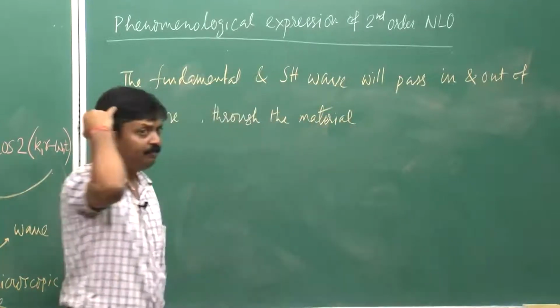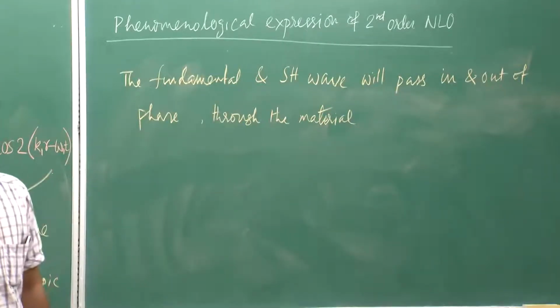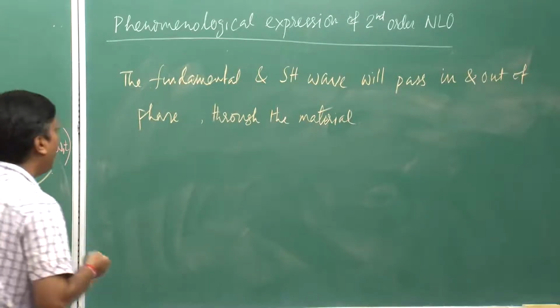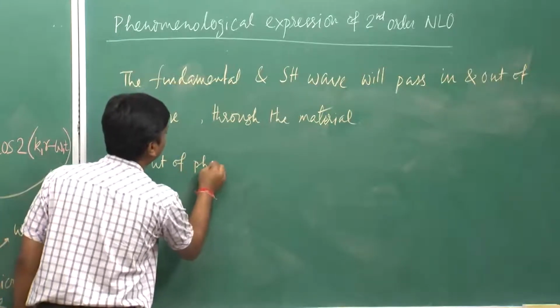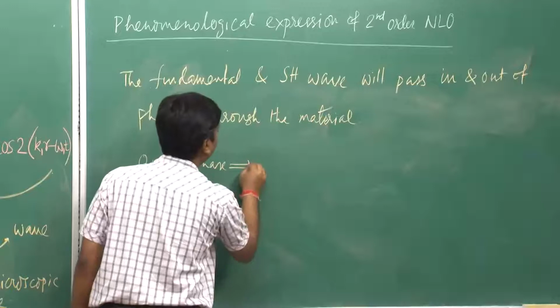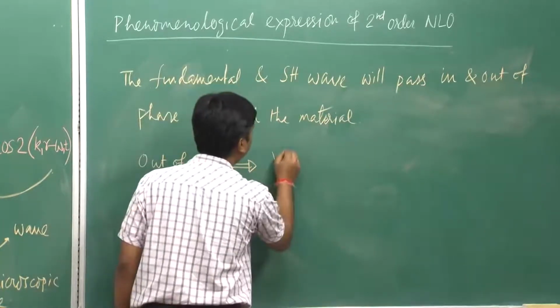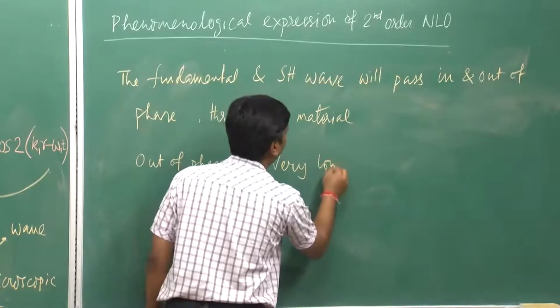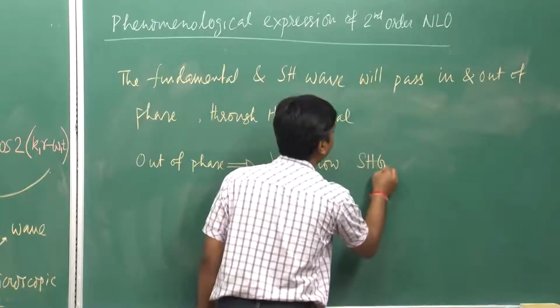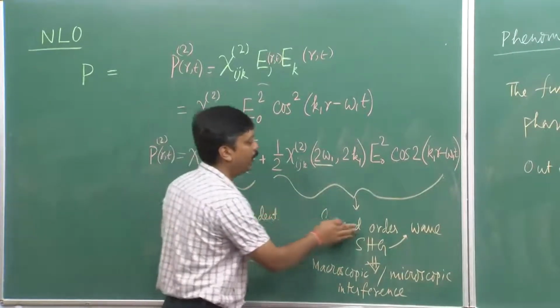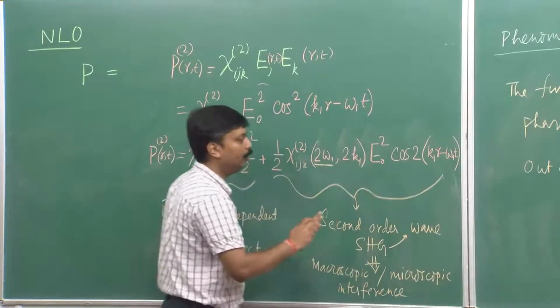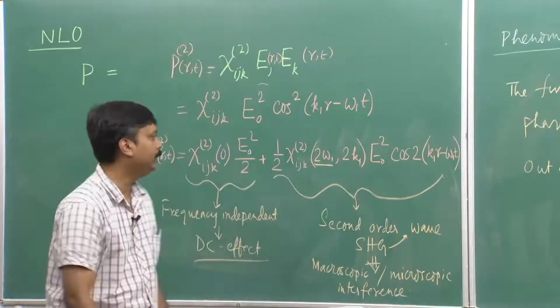Now if they are in phase, well and good. If they are out of phase, what will I get? I will get very low SHG. One moment, I will just go back here. If you have any confusion about why I am calling this SHG, let me clarify for half a minute.